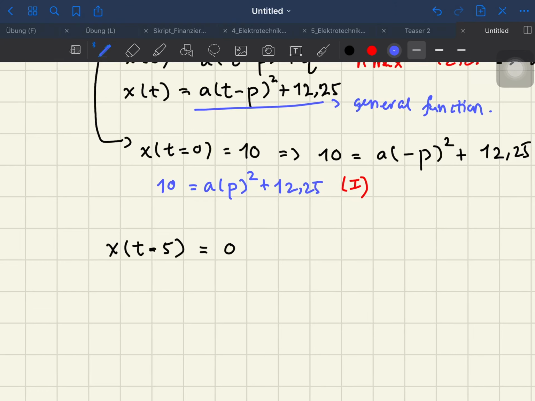But this time you use t equals 5, so a times 5 minus p squared plus 12.25 equals 0. In the end, you will expand them. No worries, just expand them as usual.